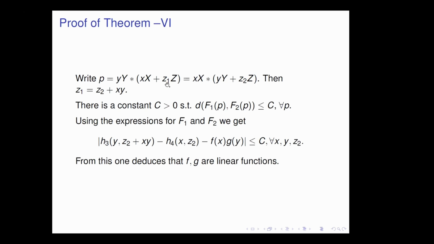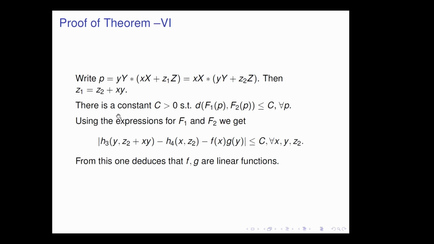We denote one of them by z1 and the other by z2. And you calculate directly the relation between z1 and z2: z1 equals z2 plus xy. Now we know there's a constant c such that for any point p, the distance between F1(p) and F2(p) is at most c.